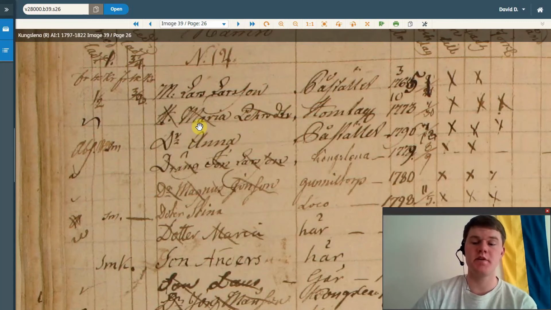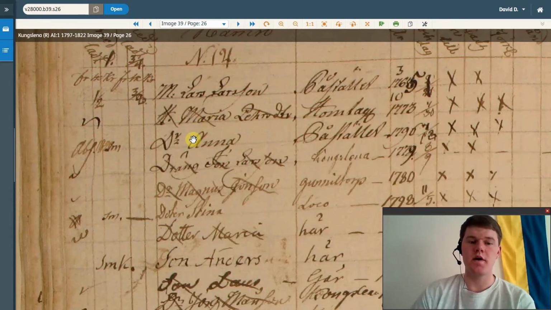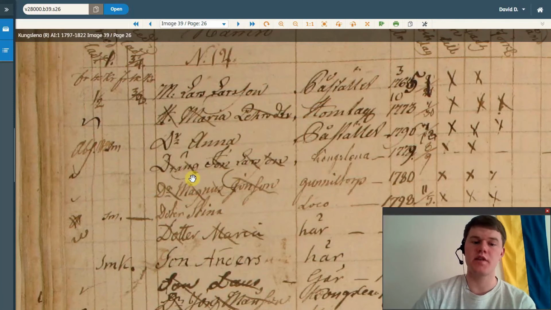Something that can be confusing with the DR is that sometimes it can mean something else as well. So right here we have DRÄNG, with the 2 dots above it. That means farmhand. So that's someone that's not part of their family, not related to them. And so that is what this DR right here means.